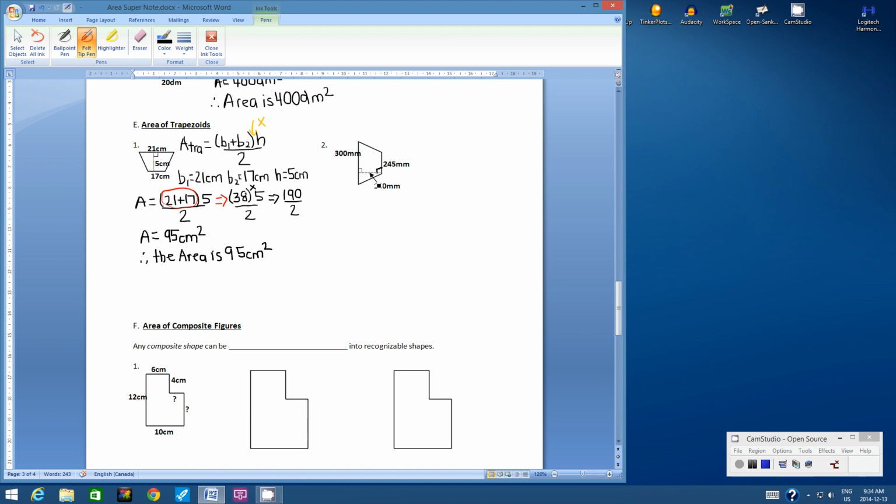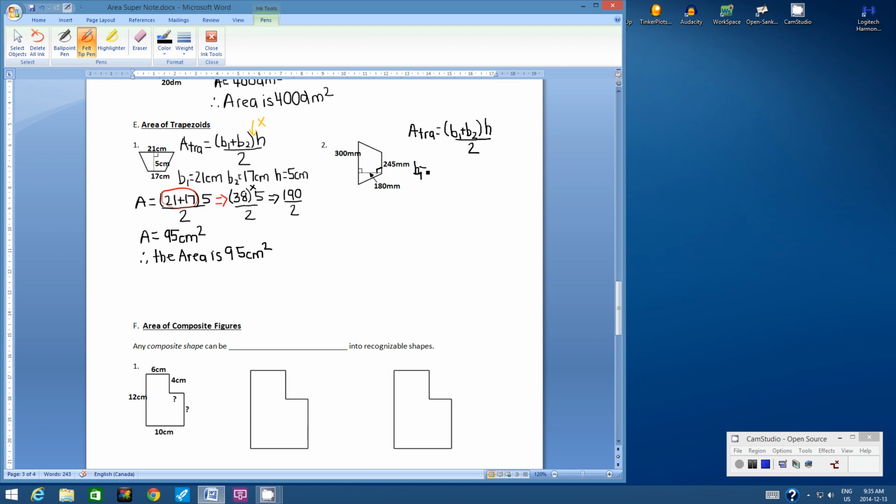Okay, so let's begin. Formula line. Area of a trapezoid equals bracket base 1 plus base 2 times height, all over 2. All right, let's write in what we know.